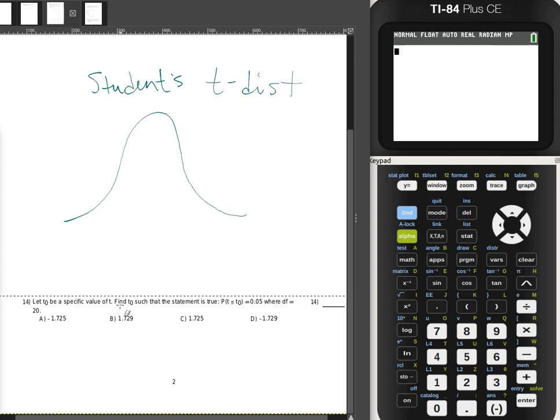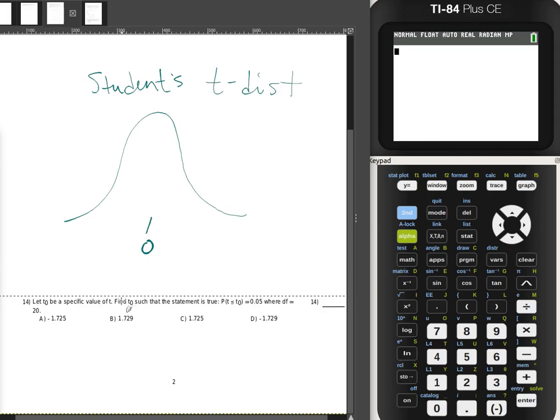In this case, where it's just talking about t, it's talking about these t values from a t distribution. And we learned some characteristics of a t distribution, but one thing that we should know for sure is that the mean of a t distribution is 0, and it's essentially normal, it's bell-shaped at least, and it's symmetrical around 0. So we will be using that fact that this distribution is symmetrical.